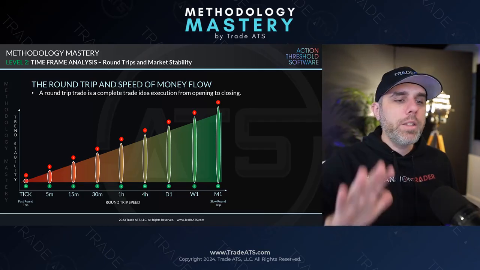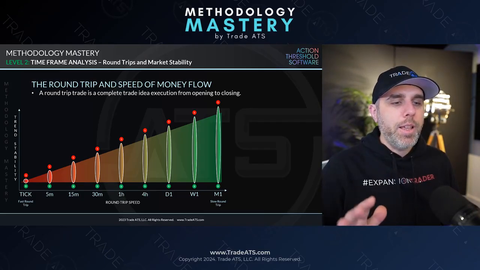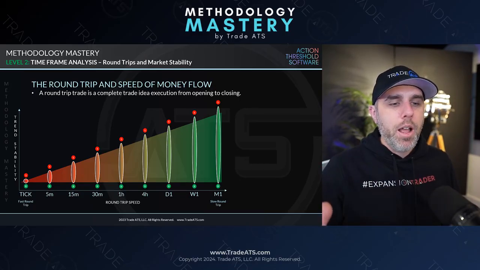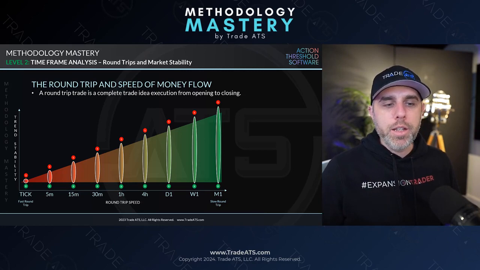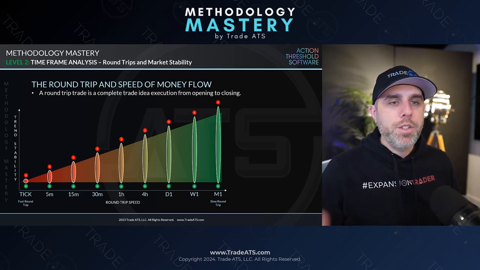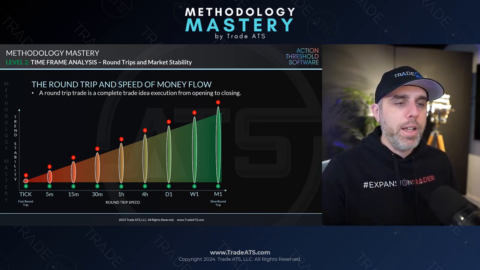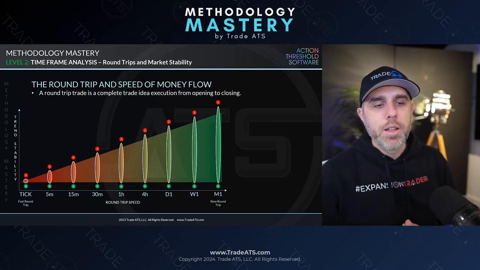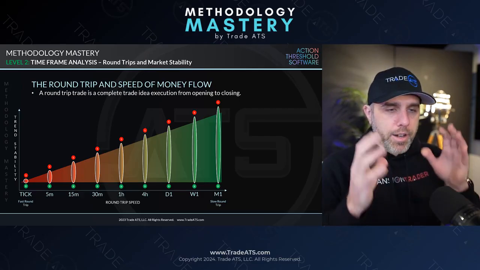Why this is relevant is because the speed at which this round trip happens affects market fluctuations and available liquidity in the market. If somebody is in a trade on the 5-minute chart, I'm not even going to talk about the tick chart, we'll talk about the 5-minute. That person is looking at a 5-minute chart.